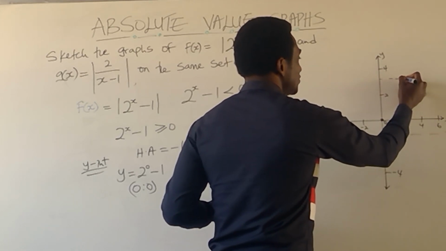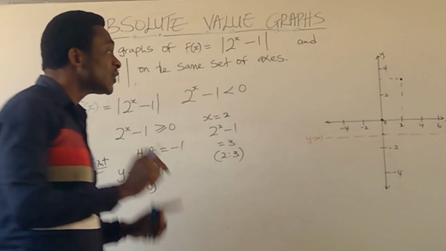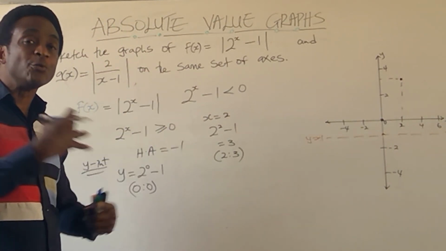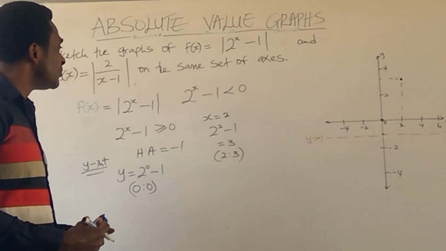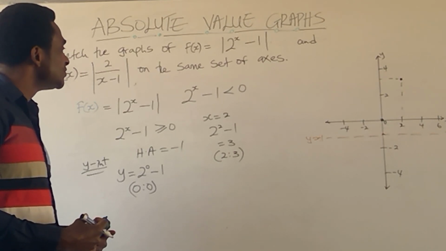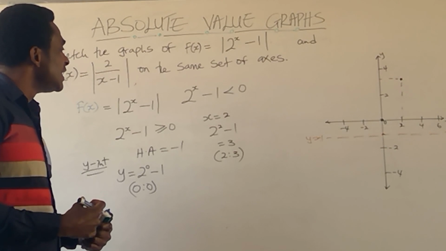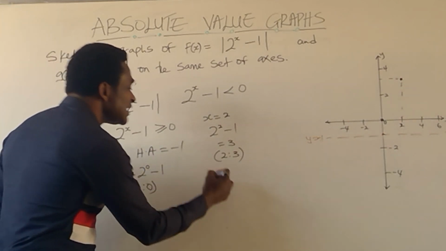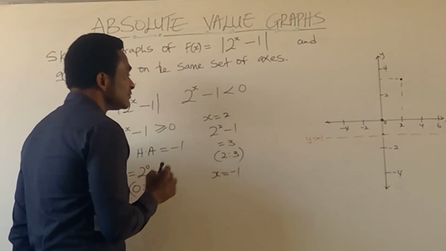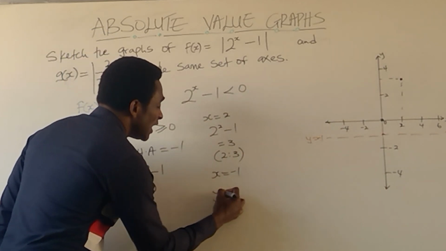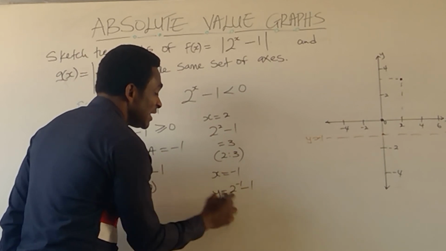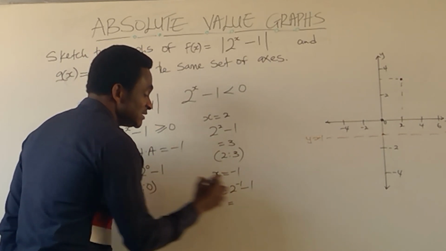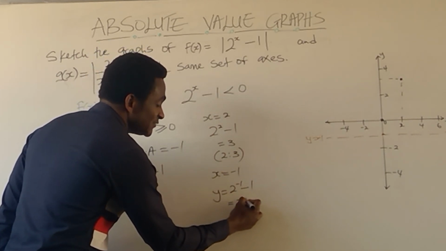Now I want to do something else because of absolute value, so that we understand the process involved. I also want to choose another point. Let's choose x equals -1. If x is equal to -1, on my graph, I will have 2 to the power of -1, which is a half, minus 1, which is -half.